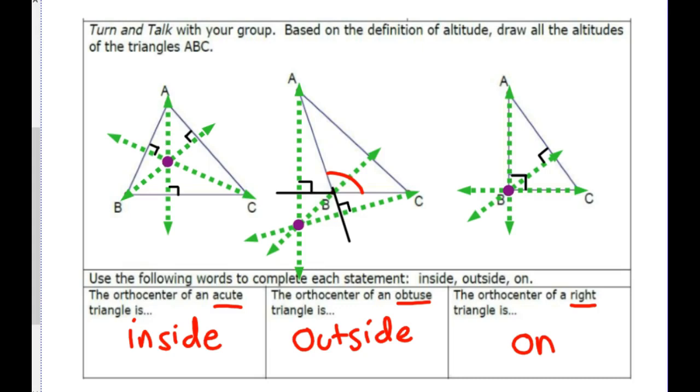Okay, flip it over and start plotting those points, please. So finish writing that down, sketching that, and then flip it over and plot those 3 points.